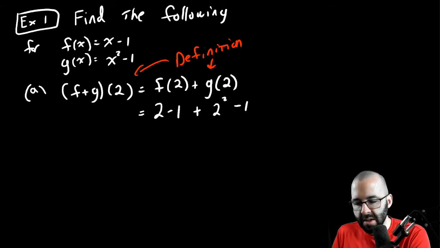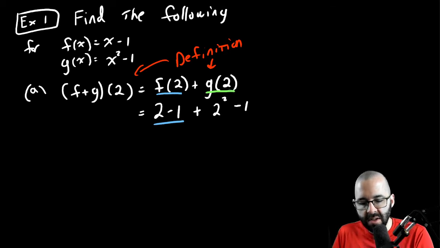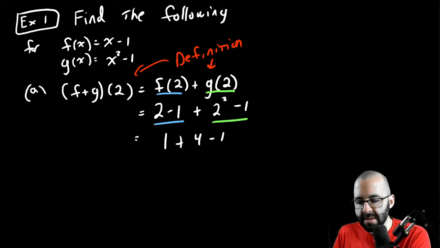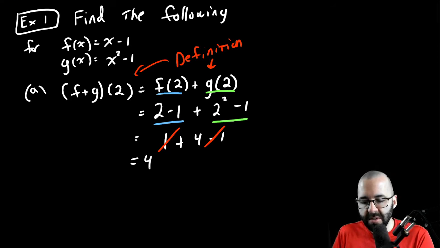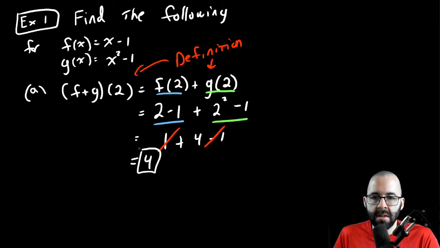Right, again, this is just f of 2 is this, and g of 2 is that. And now we simplify. 2 minus 1 is 1. 2 squared is 4. Oh, the 1's kind of cancel here. Positive 1 minus a 1. f plus g of 2 is just equal to 4.